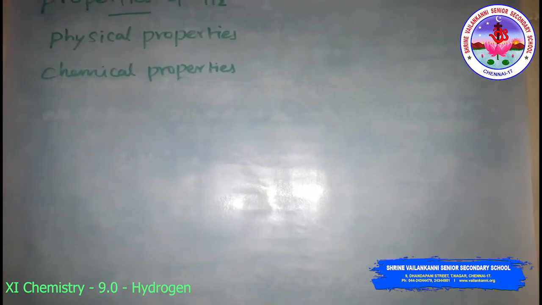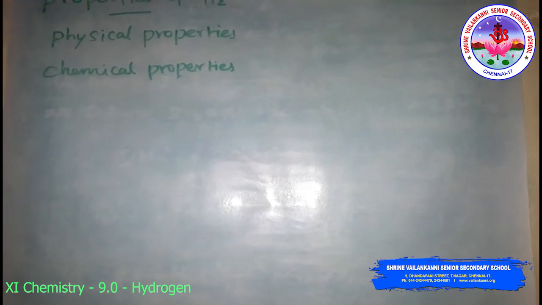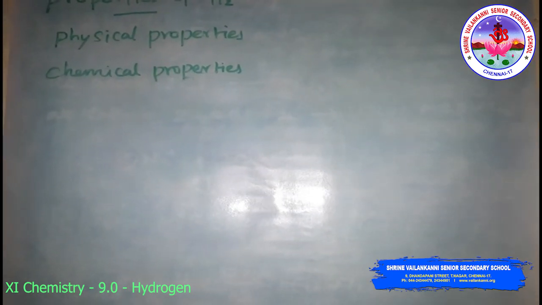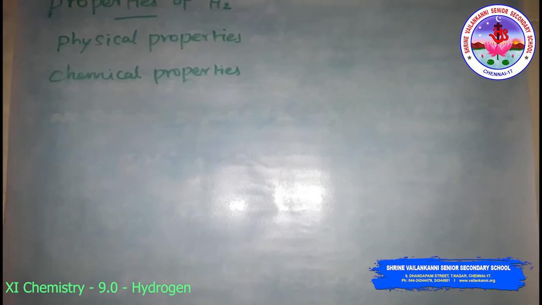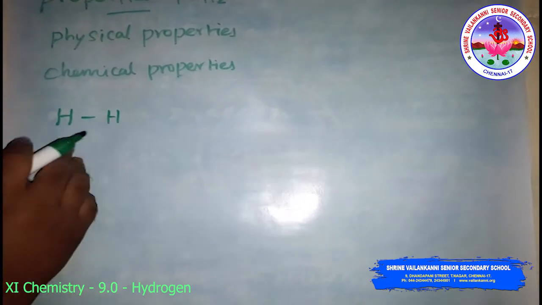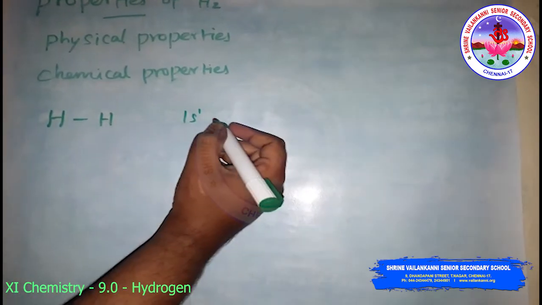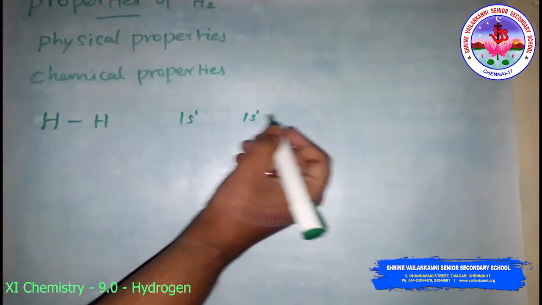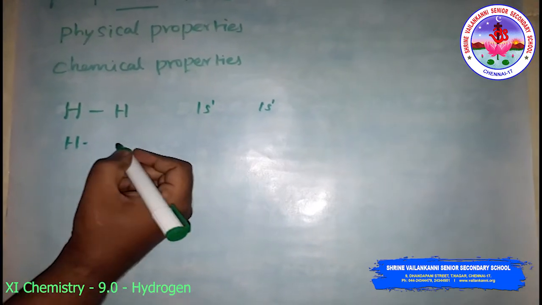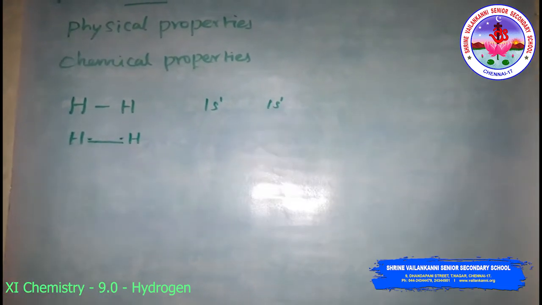In the chemistry of dihydrogen, the bonding is a single covalent bond, because two hydrogens share electrons: one electron from one hydrogen and one more electron from the other hydrogen, so they bond here.